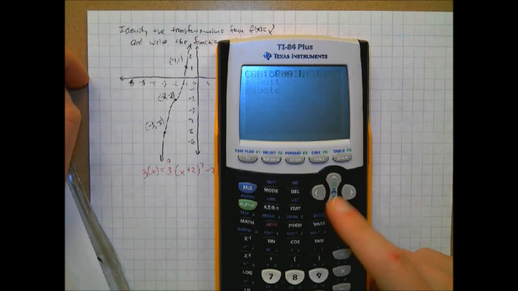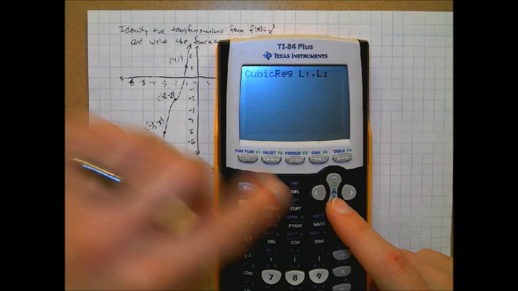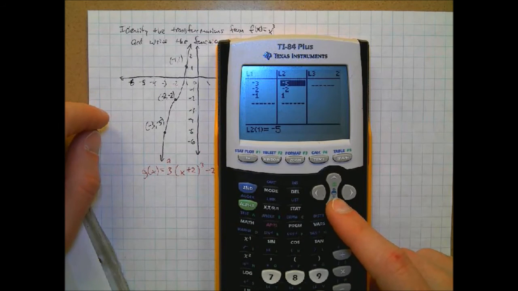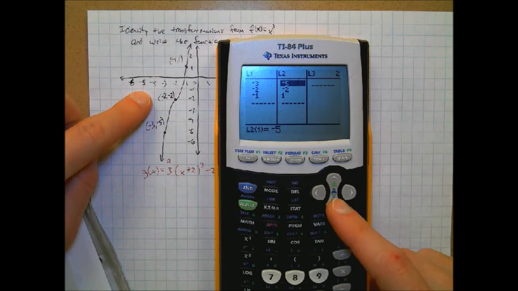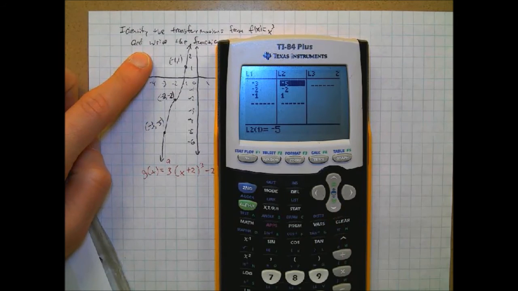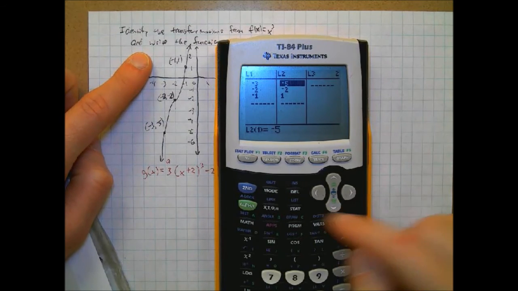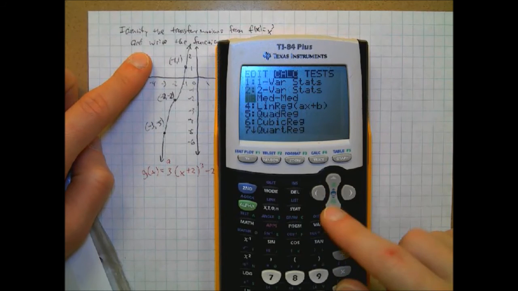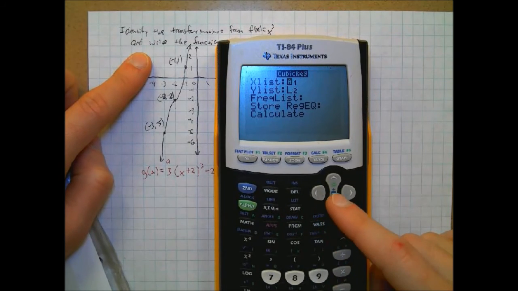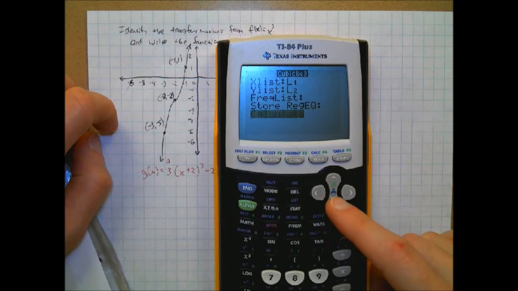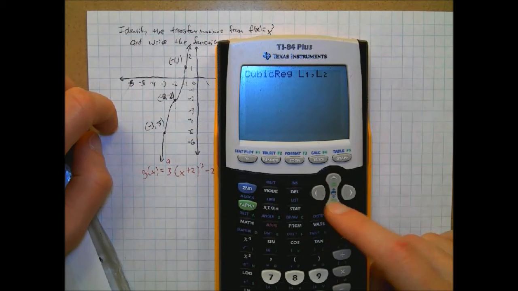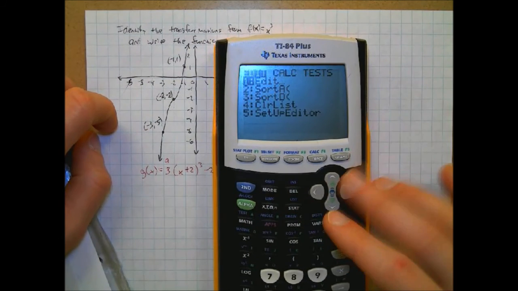Whoops. Something happened. I think I made an error. Negative 3, negative 5, negative 2, negative 2, negative 1, 1. This should work. L1, L2. Well, this is supposed to work. Now let me see.